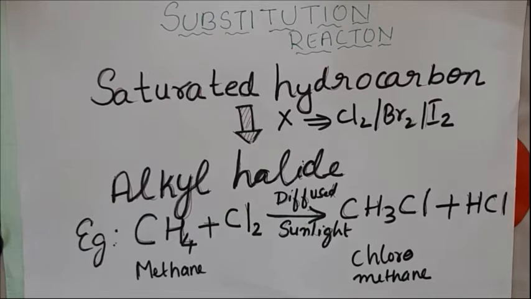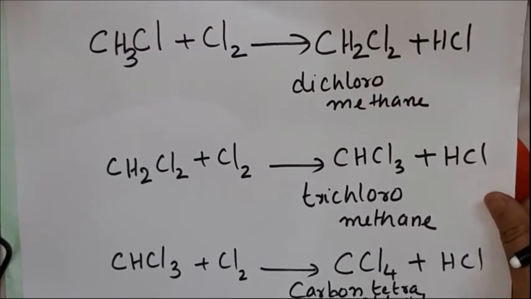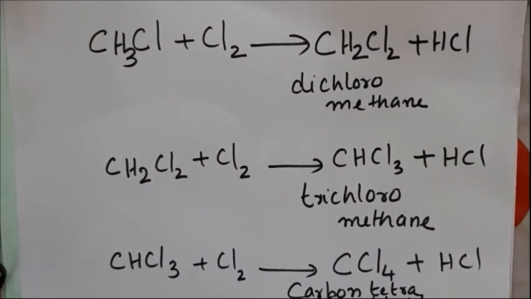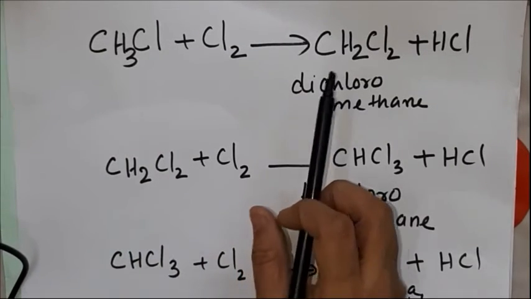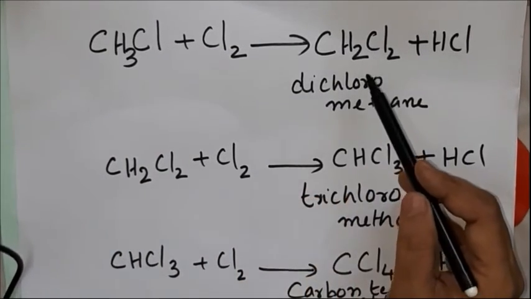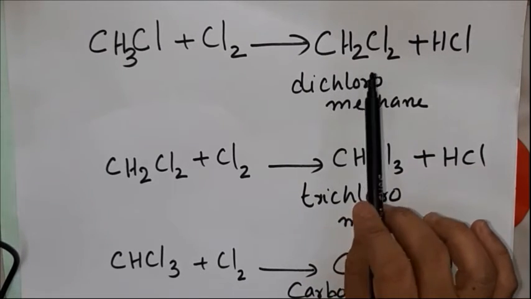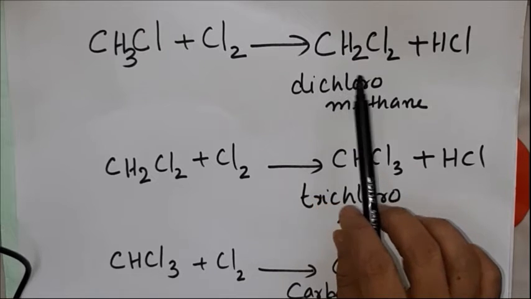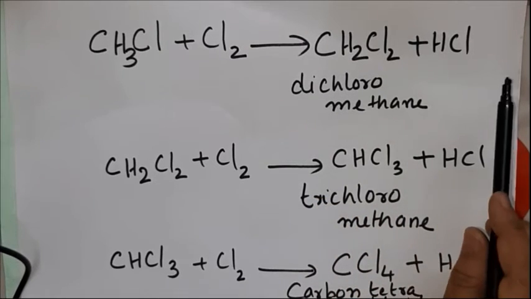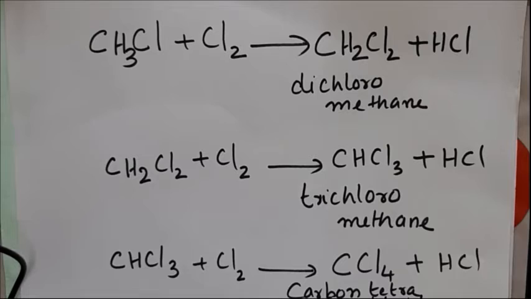Subsequently, if the reaction continues, the second hydrogen atom is replaced. So the number of hydrogen atoms left in the molecule is 2. Hence, the new molecule in this case is CH2Cl2 plus HCl. This reaction is also carried out in the presence of diffused sunlight.